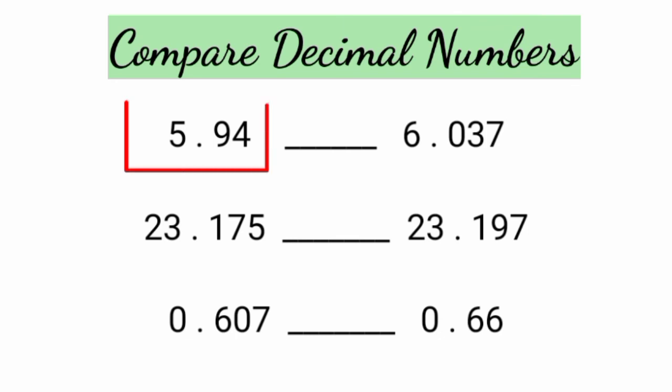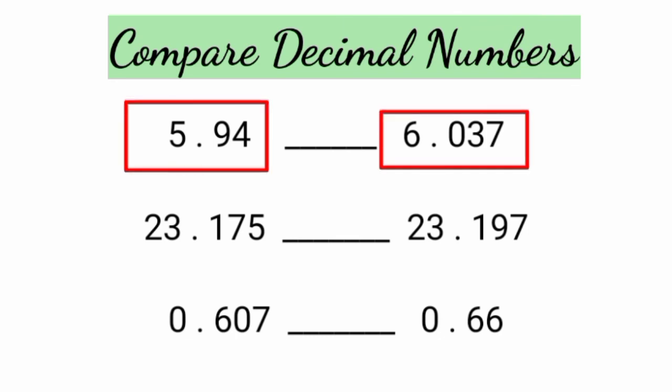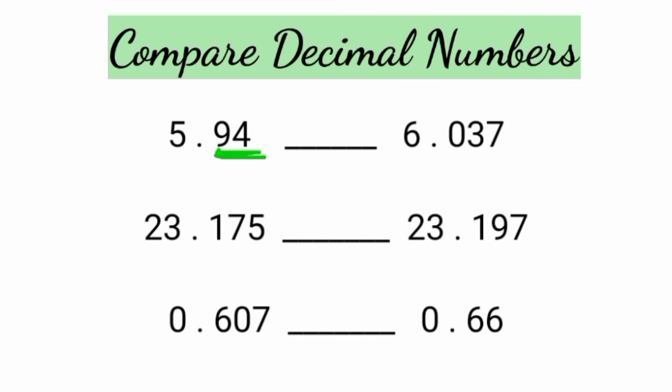Clear? So now let us understand how to compare decimal numbers. First is 5.94 and this is 6.037. Clear? Students, firstly make them like decimals. In this number we have 2 digits after decimal. In this number we have 3 digits after decimal. So what will you do? Put 0 in it. Clear? Now in both the numbers you have 3 digits after decimal. After this step you will start comparing the numbers.